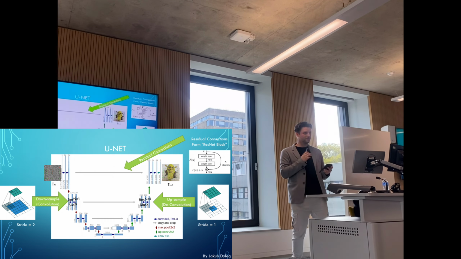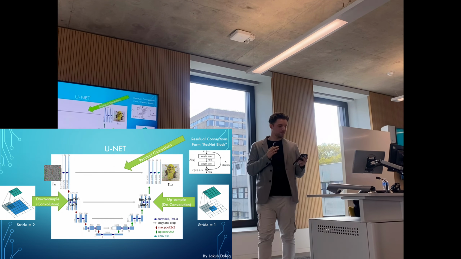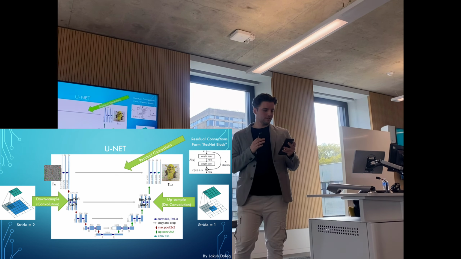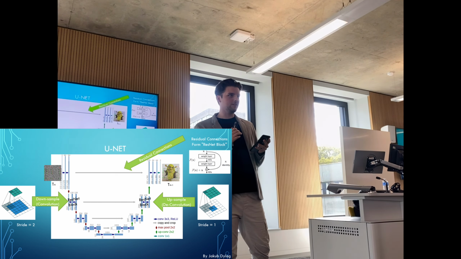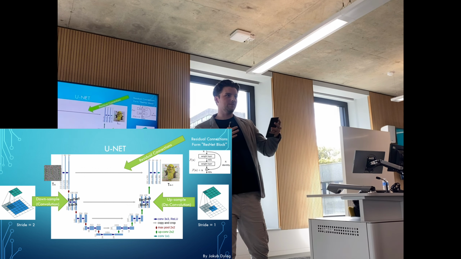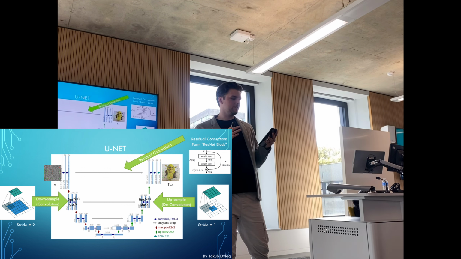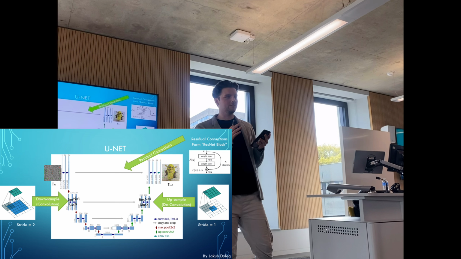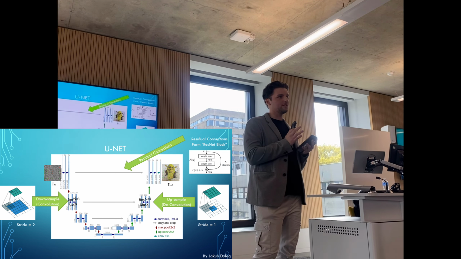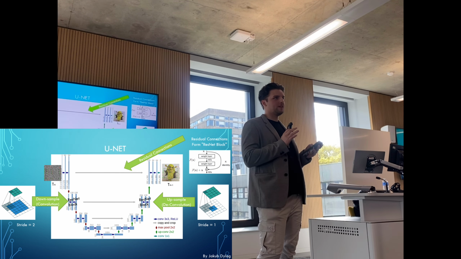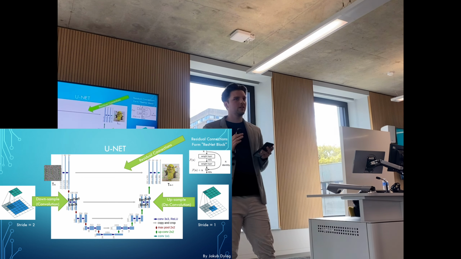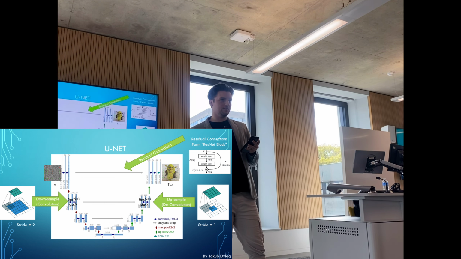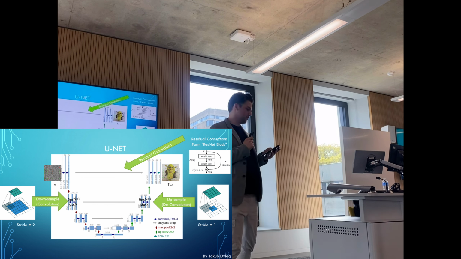Now, it's very creatively named because it's in a U shape. But it's like an autoencoder where we have this kind of compression or abstraction, and then into this latent, and then we're going back up, back to the image. But in this case, it's a lot more complicated, a lot more moving parts.